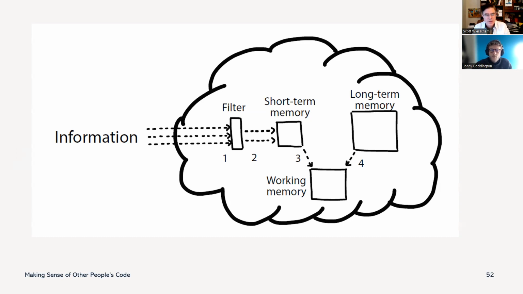We've gone through the things that we can do to help utilize the short-term memory, the working memory, and long-term memory to solve the problems of trying to remember stuff.